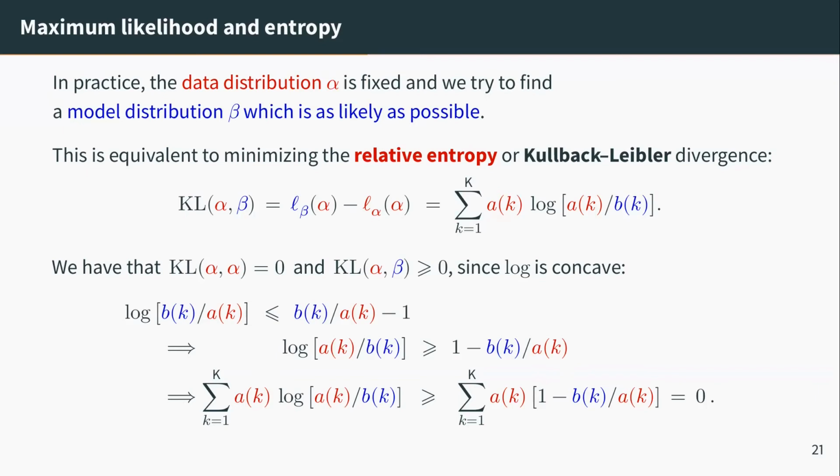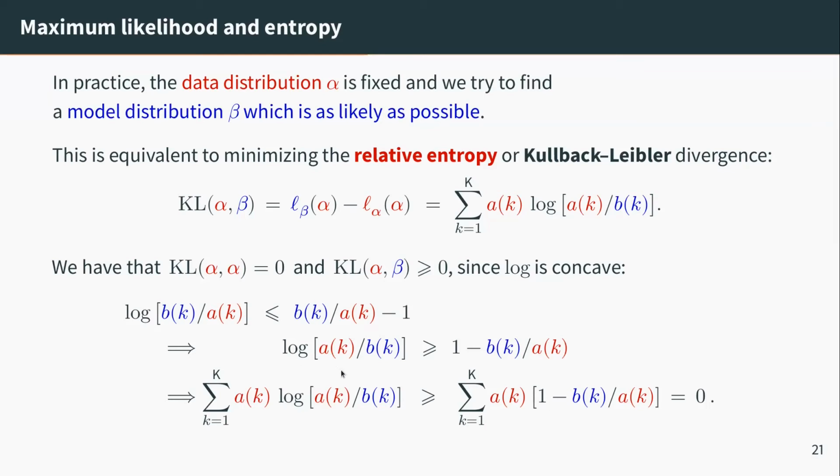Now, if I multiply this inequality by minus 1 and change the signs, log of ak divided by bk is greater than 1 minus bk divided by ak. And this is exactly the term that we have in the definition of our relative entropy.